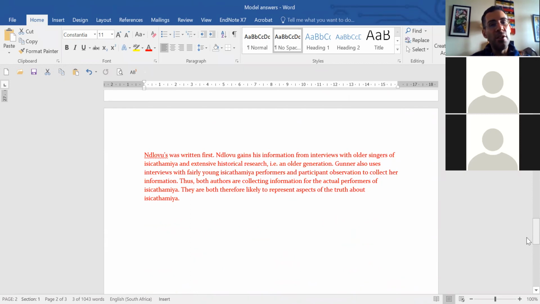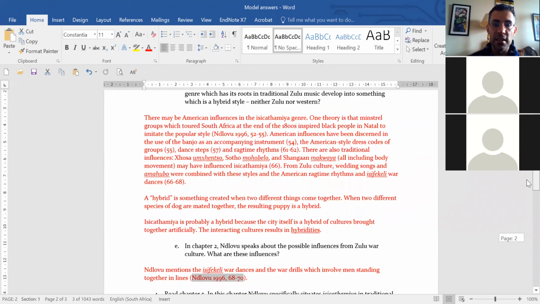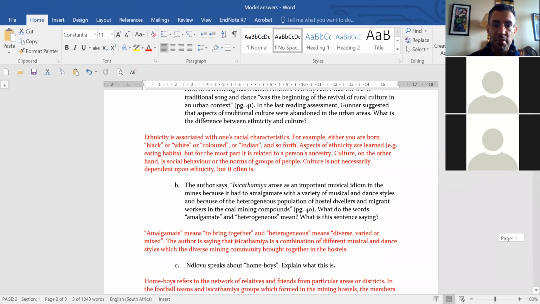When I'm giving my own opinion, I'm obviously not drawing it from the book or from Liz Gunner's work. I'm drawing it from my own understanding. But when I'm drawing from the thesis or from Liz Gunner's article, I must say where it comes from, even if I've put it in my own words. And I've used my own words mostly here in these answers.